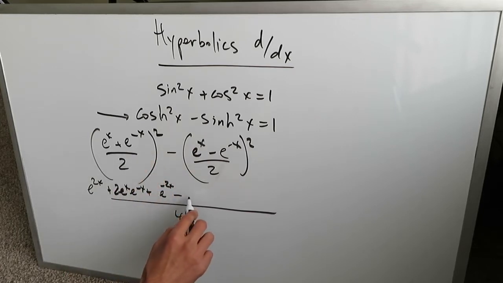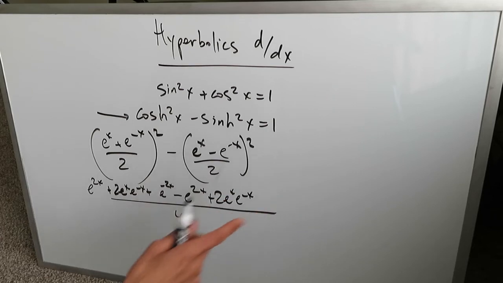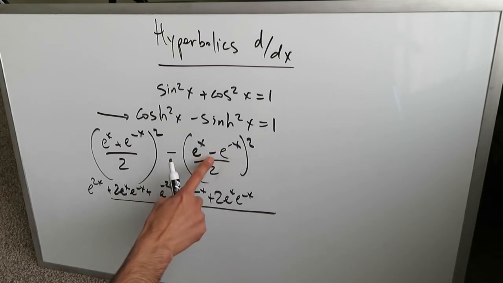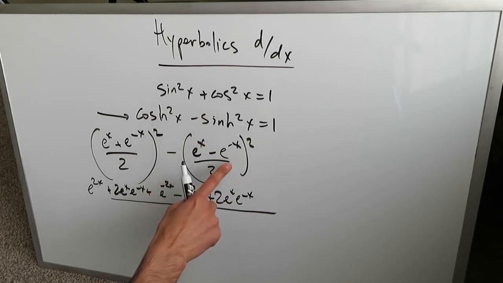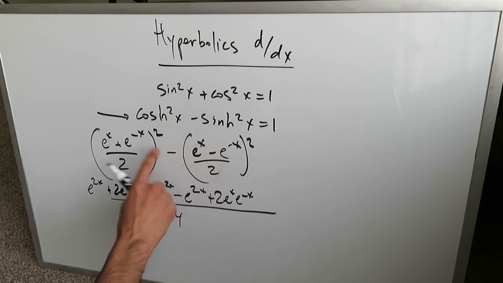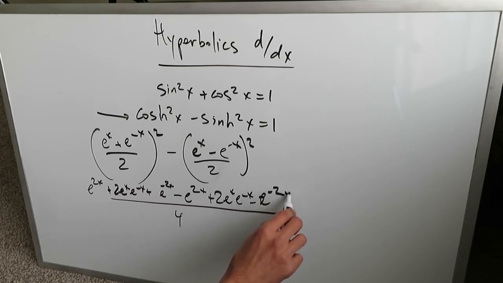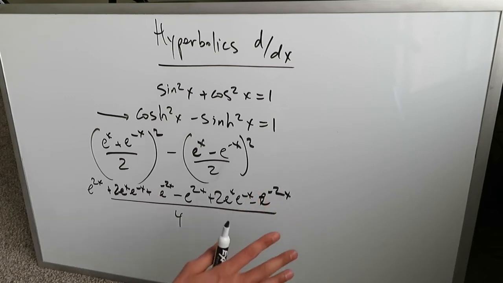You'll basically have a minus e to the 2x. You'll have a plus 2e to the x, e to the minus x. Remember, you can do this on the side on your paper. You'll have this minus e to the minus x multiplying by minus e to the minus x. It will become positive e to the minus 2x, but it'll get affected by that minus. It will become minus e to the power of minus 2x. Anyhow, we're good.